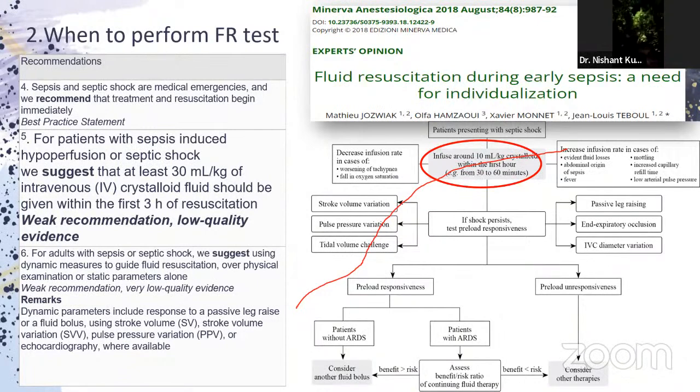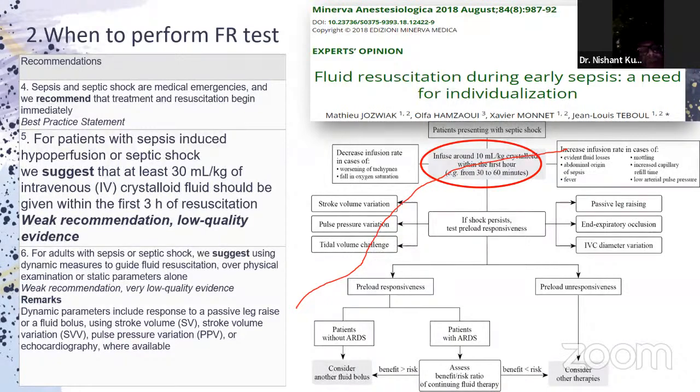If the patient is preload responsive, then in ARDS you see whether you can administer more fluid, whether the fluid is going to cause benefit or harm. If the patient is without ARDS, you consider another fluid bolus. And if the patient is unresponsive to fluids, that means these parameters do not improve once you have administered fluid, you have to consider other therapies.